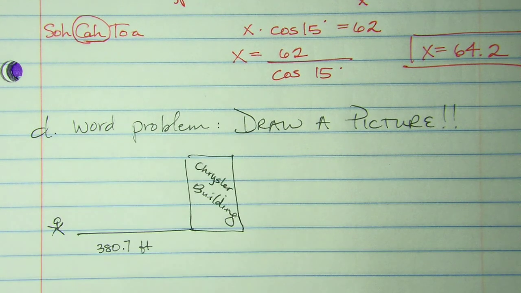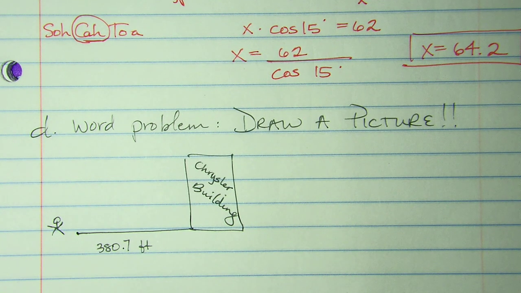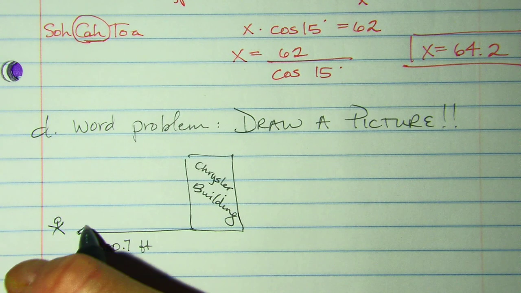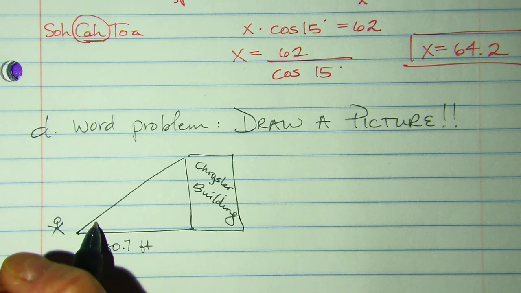Okay. It says that the angle of elevation from the surveyor, elevation meaning it would be from here up. The angle of elevation from the surveyor to the top of the building is 70 degrees.